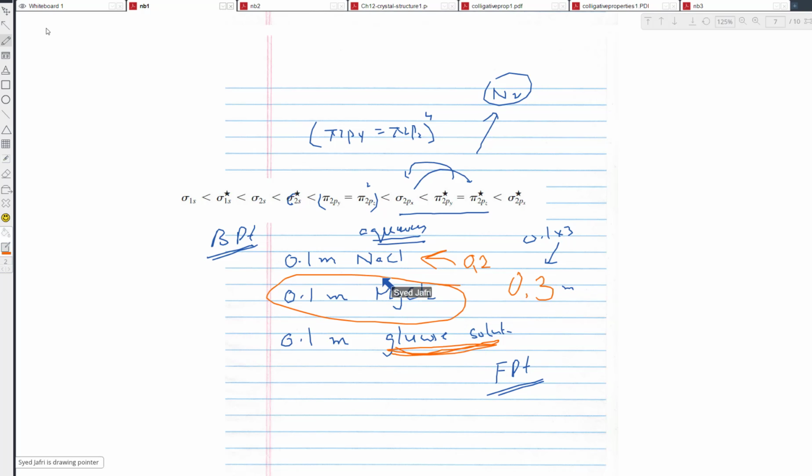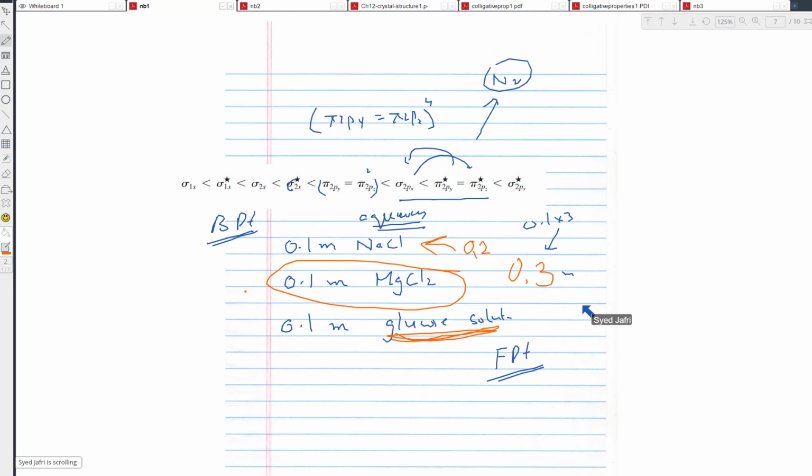Because when you make the solution, the effective molality is 0.3 here, so there's a greater lowering in vapor pressure, and the difference would be the greatest. The vapor pressure goes down, the freezing point goes down, and only the boiling point goes up.